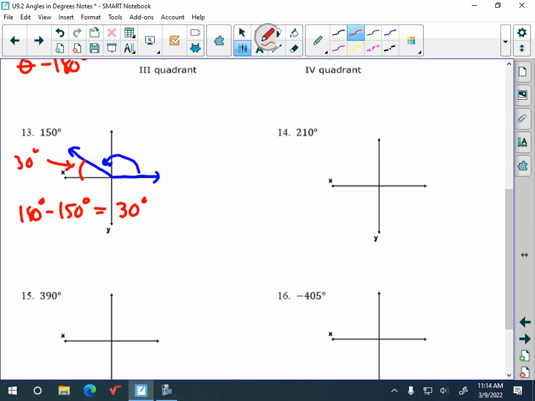We're trying to get to the x-axis. All right, 210. So 210 is going to fall in quadrant 3. All right. And so we want the reference angle, which is right there. So what would that angle be? 30. All right. Or you can take 210, which is the angle they give you, subtract off 180, and that's 30 also.